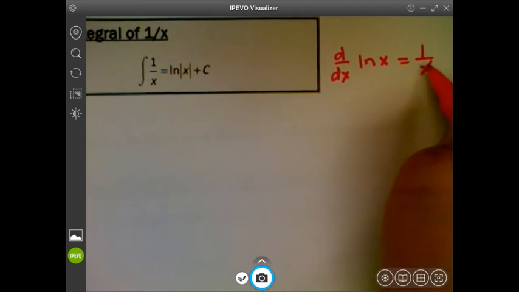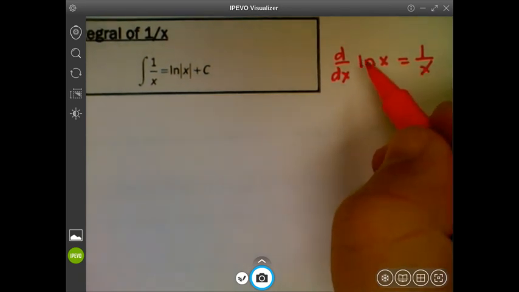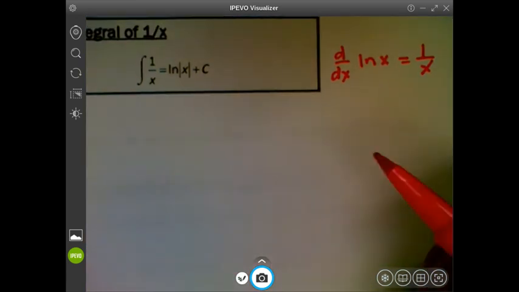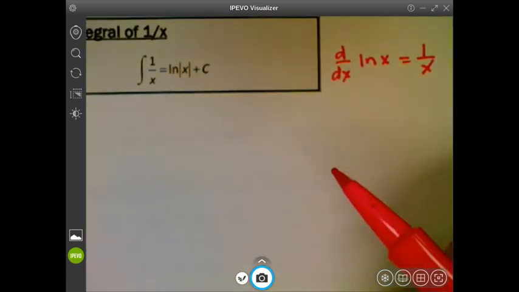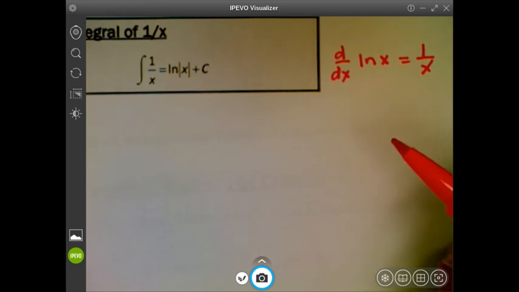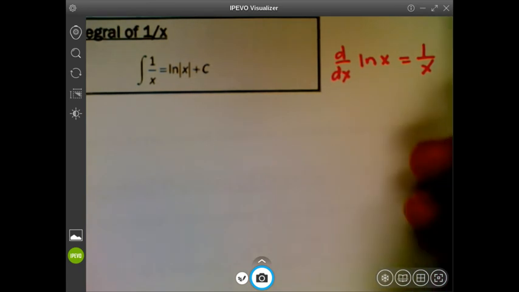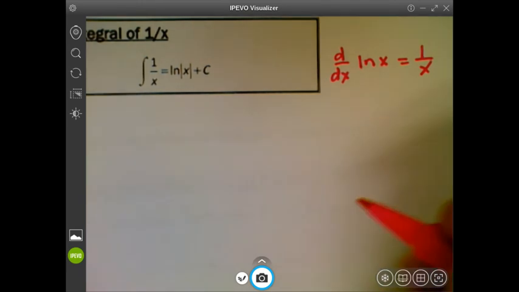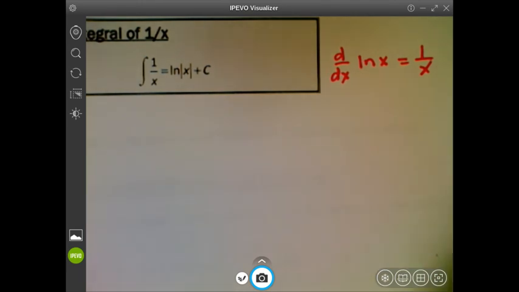So whenever you have a 1 over x, it turns back into a natural log. It does turn into the absolute value because you cannot take the natural log of a negative number. So we have to restrict that x in this case so that it stays positive. So you're always going to put those absolute values in there.